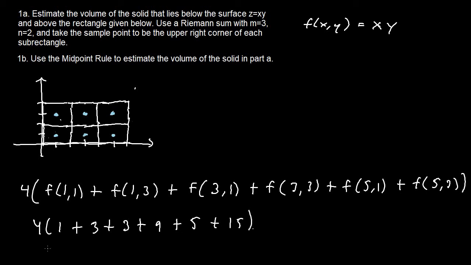So if you evaluate here, we get 4 times, 1 plus 3 is 4, 4 plus 3 is 7, 7 plus 9 is 16, plus 5, 21, and then plus 15 gives us 36. So 4 times 36 gives us a value of 144. That is going to be the estimate for the volume using the midpoint rule.